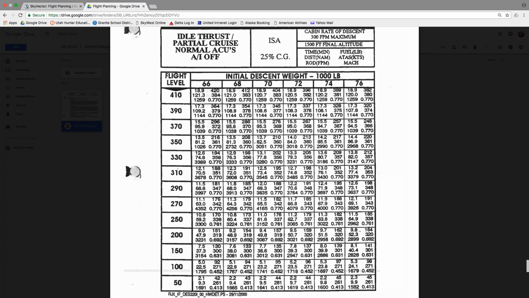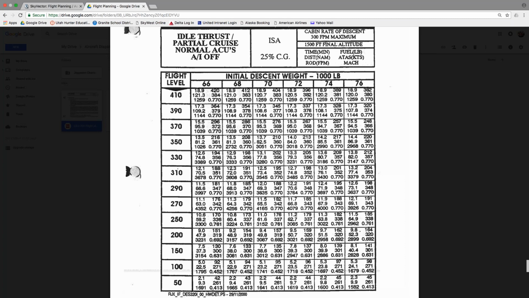Let's just call this 6,400 pounds, so 60,300. That would be our landing weight. Add 300 pounds to that, what does that give us? Initial descent: 60,600, and we can just round that up to 61,000 pounds.